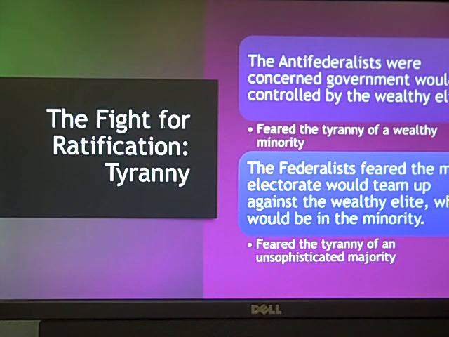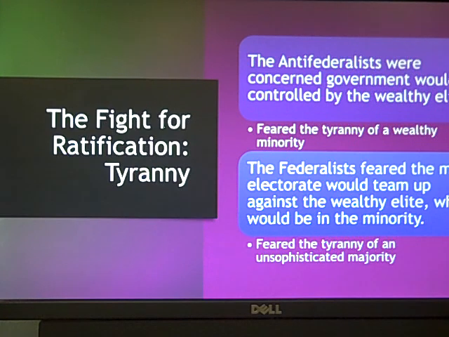All right. The Anti-Federalists do fear a tyranny from a wealthy minority. Interestingly enough, though, the Federalists fear tyranny of the majority, right? Because the Federalist argument as to why a lot of people should be kept out of government is that even at the founding of our country, you would have had a whole lot more people that weren't economic elites, not the wealthy people, right?